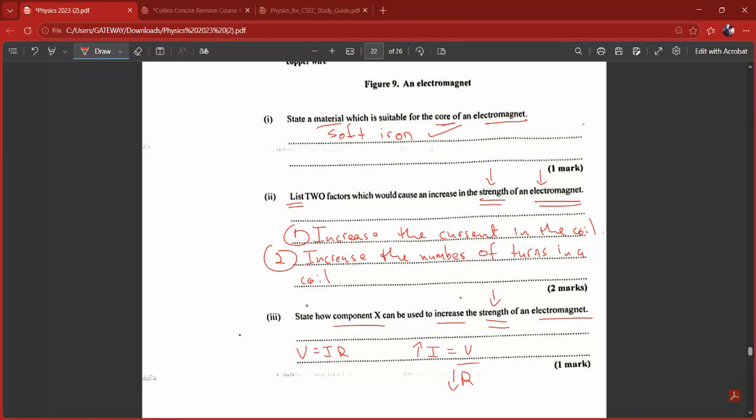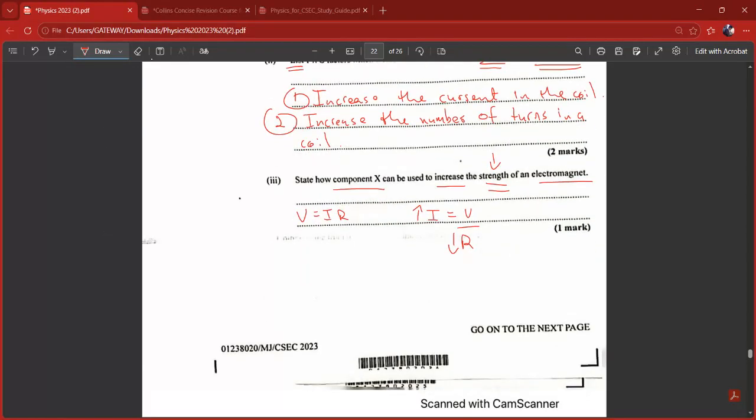So what I have for this one is to adjust the rheostat, so you will get a greater current and a lower resistance. So adjust X to reduce its resistance.